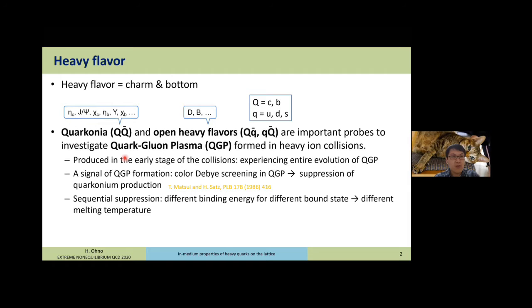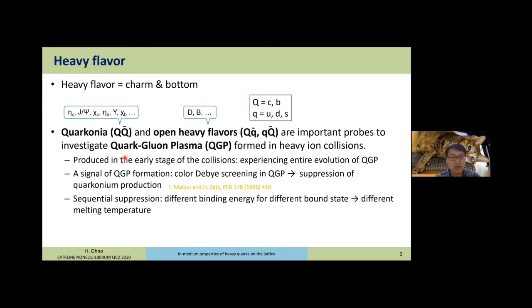First of all, what is a heavy flavor? As you know, heavy flavor is basically charm and bottom. Quarkonia, which are heavy quark pairs, and also open heavy flavors, which are a heavy quark with a light antiquark, or a heavy antiquark with a light quark, are important probes to investigate the quark-gluon plasma, which is formed in heavy ion collisions.